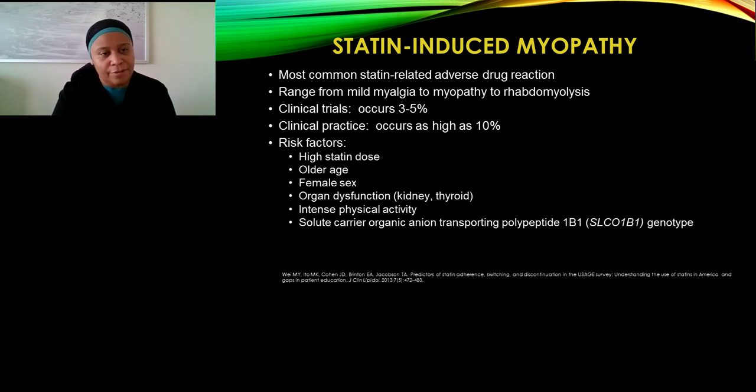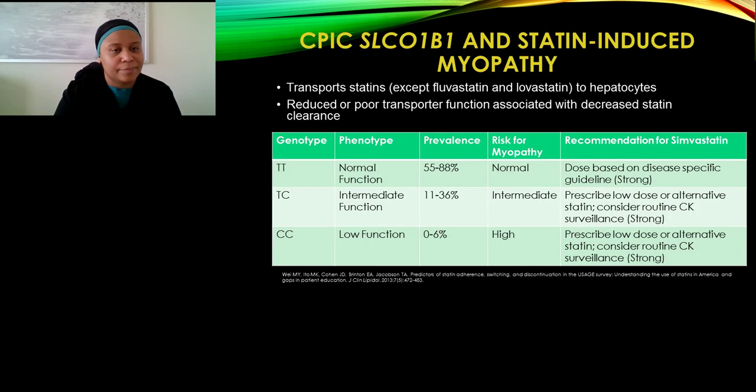So if they don't have a functioning SLCO1B1, then they are more likely to experience rhabdomyolysis. And here is a chart from the CPIC guidelines that would allow you to dose patients based on their results.